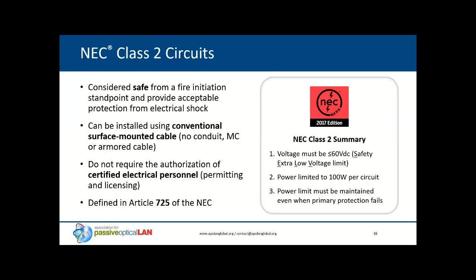One of the major requirements that you can see is that it's current limited at 60 volts or less and power limited at 100 watts or 100 VA or less. When you follow a Class 2 requirement, you can now install this remote power cabling with a low voltage tech. You don't need an electrician, you don't need to have conduit or metal clad or an armored cable.